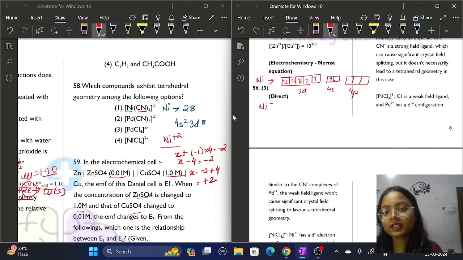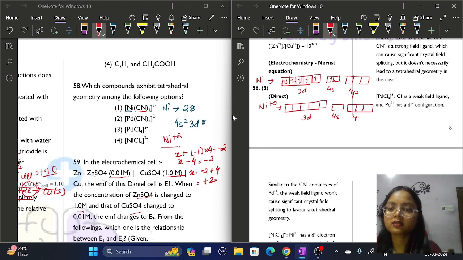Next we have to draw nickel in +2 oxidation state: 3d, 4s, and 4p. In +2 oxidation state, the electrons in the s orbital have to be removed, so the d orbitals remain the same, 8.